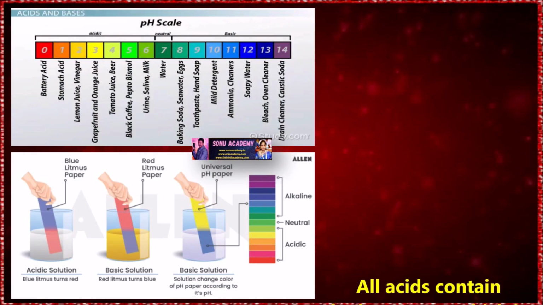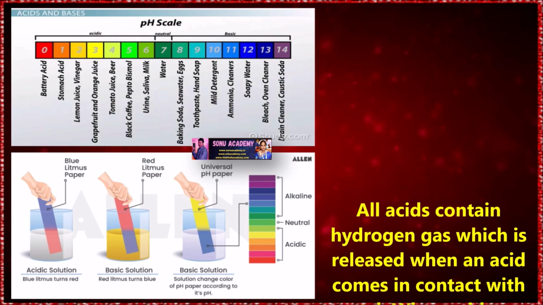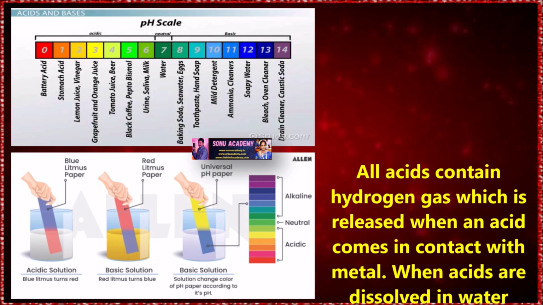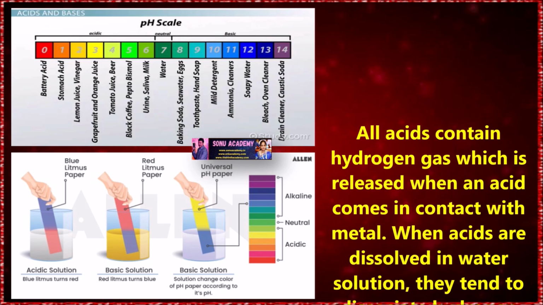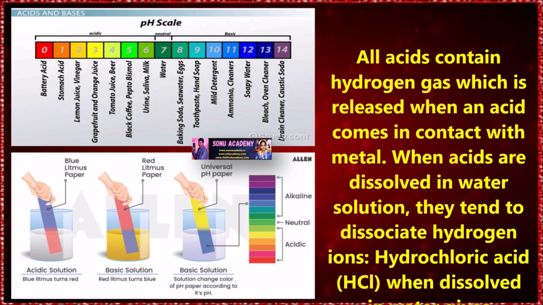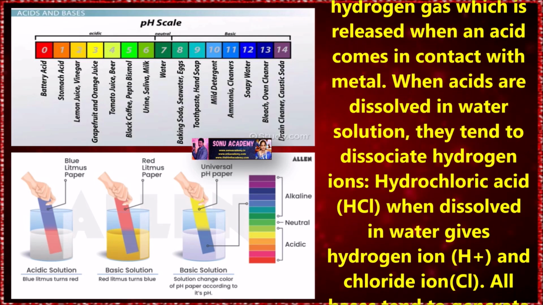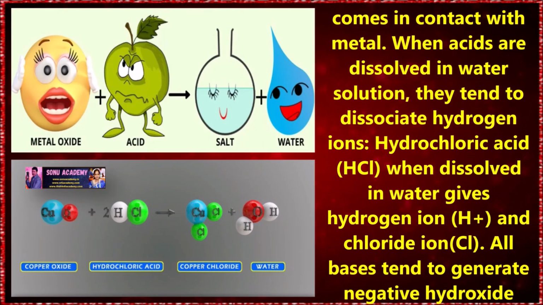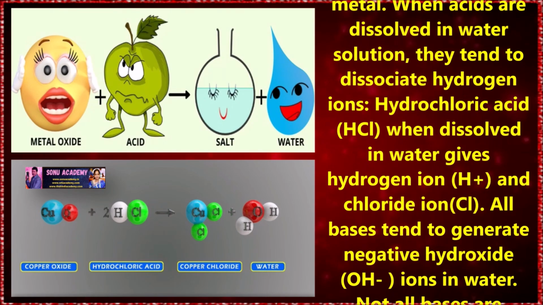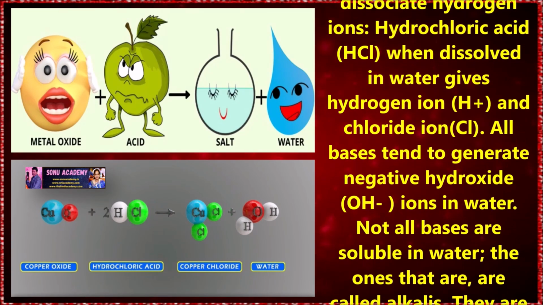Children, let us see what is common between all acids and all bases, and what happens to them when dissolved in water. Yes, all acids contain hydrogen, which is released when an acid comes in contact with metal. When acids are dissolved in water, they tend to dissociate into hydrogen ions. Hydrochloric acid, when dissolved in water, gives hydrogen ion H plus and chloride ion Cl minus.